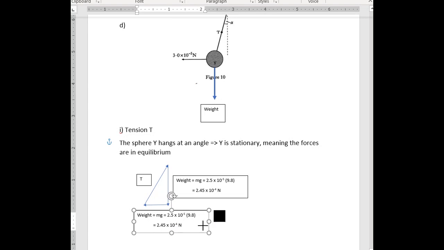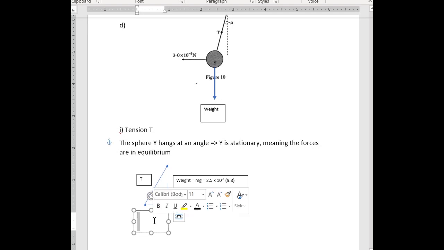And this horizontal force is already given as 3 times 10 to the power of minus 5.